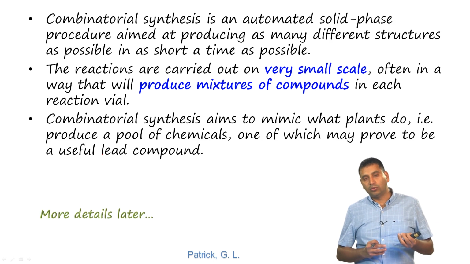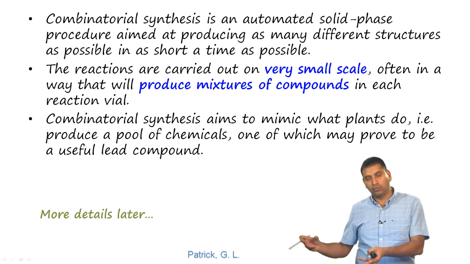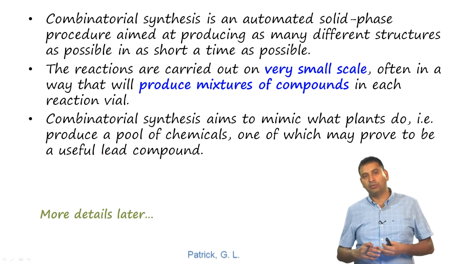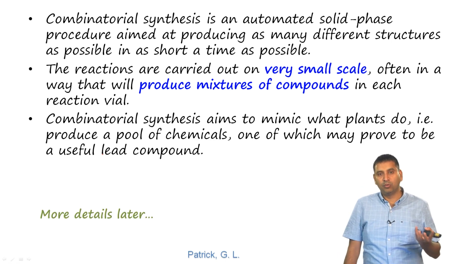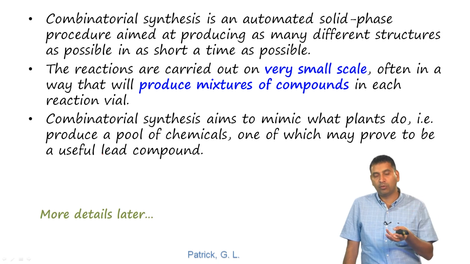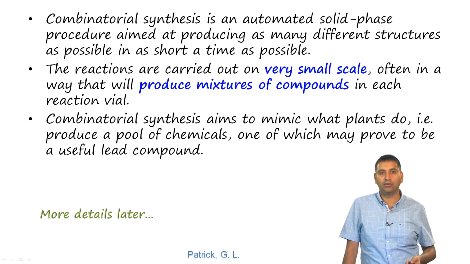Then we take this mixture of compounds and start screening. One of the aims of combinatorial synthesis is to mimic what plants do when they produce a diverse range of secondary metabolites, which produces a pool of chemicals, one of which may prove to be useful for the plant, or in our case as a lead compound.